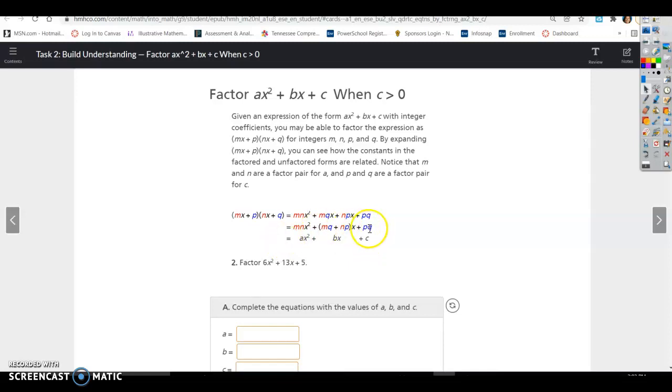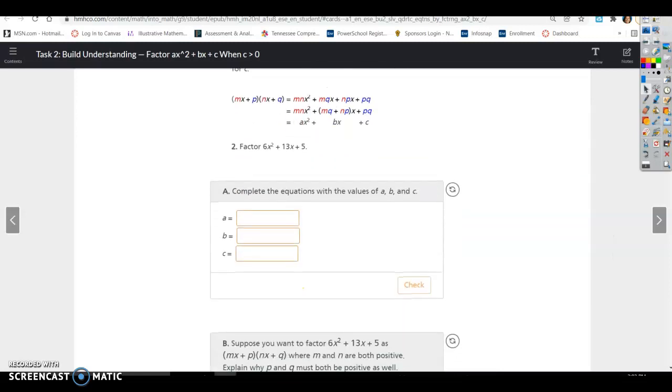So they're just substituting variables in, because when you factor, you're going to have more expressions. So they're just using variables to represent that.